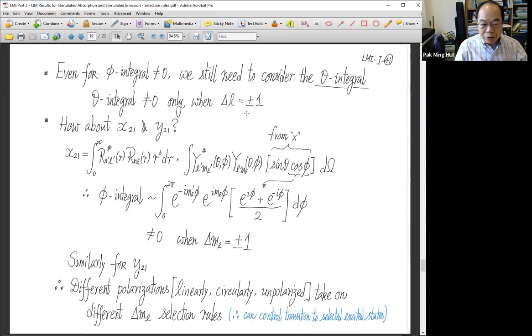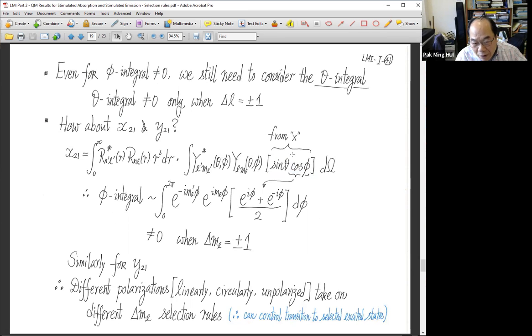Now, we mentioned that for circularly polarized light, we also need x and y. So let's pick up one and do the discussion on the phi integral. X is r, one factor of r, sine theta cosine phi. This is what x is in spherical coordinates.